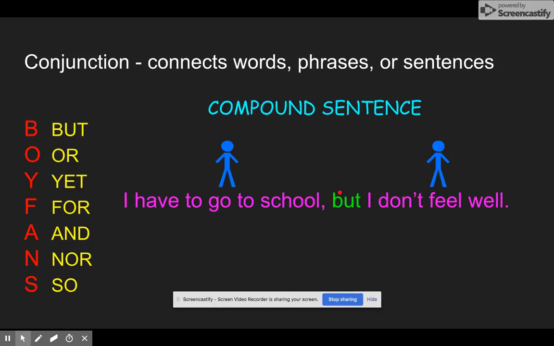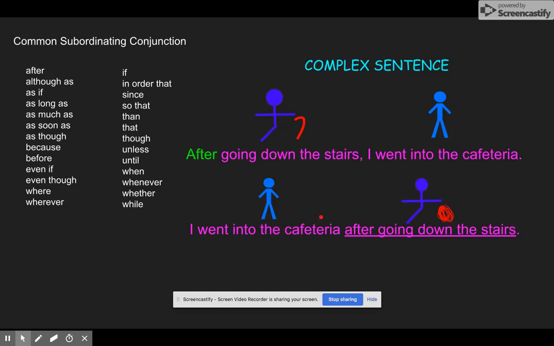And we know that in front of these types of conjunctions, when it's a compound sentence, we always need a comma.